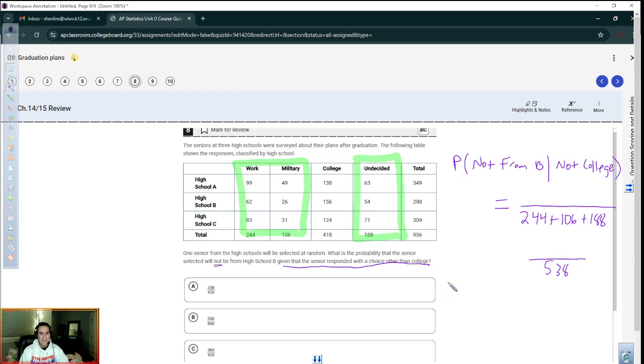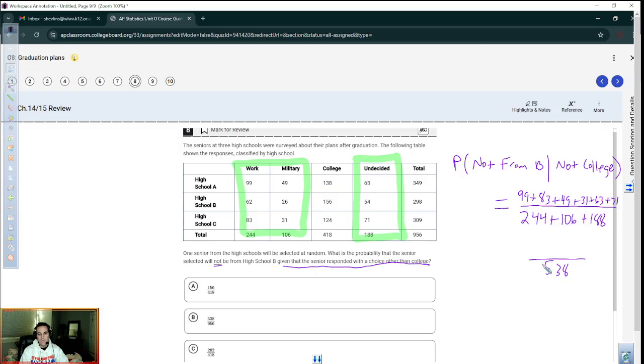And then the top number, not from B, would be 99, 83, 49, 31, 63, 71. It's a lot to add. So 99 plus 83 plus 49 plus 31 plus 63 plus 71.